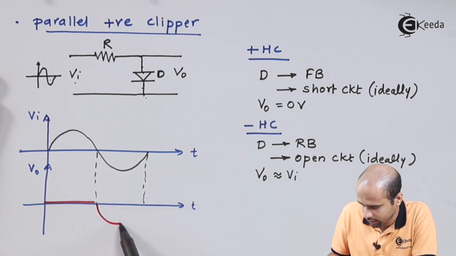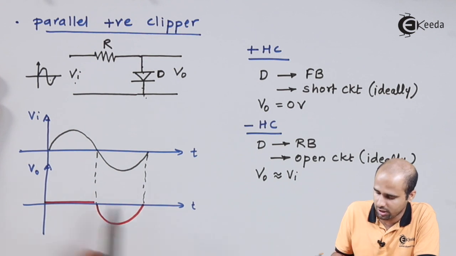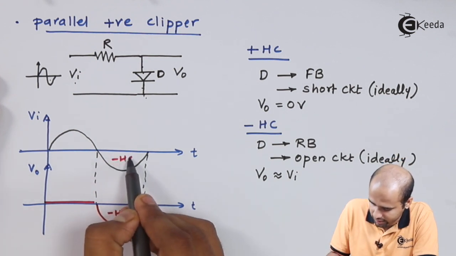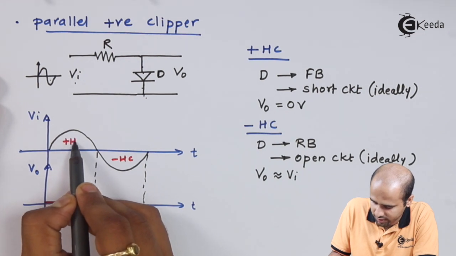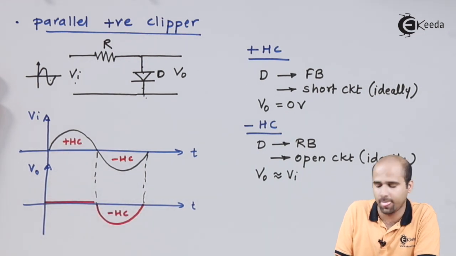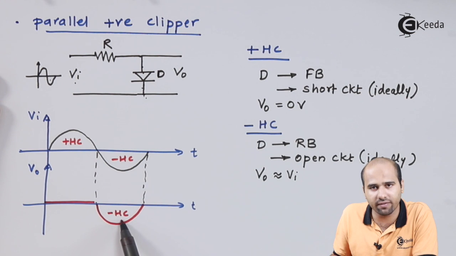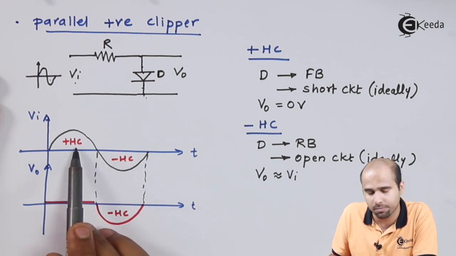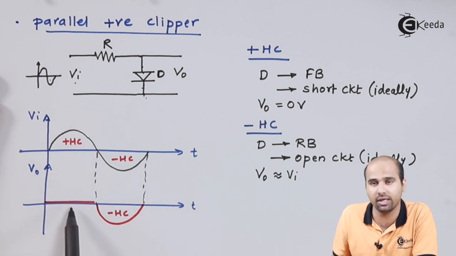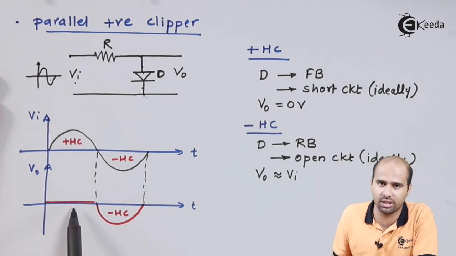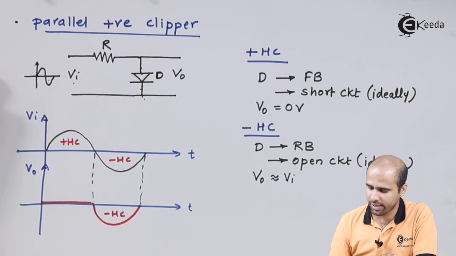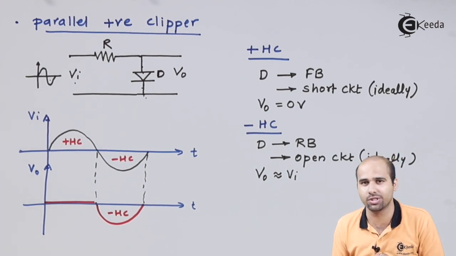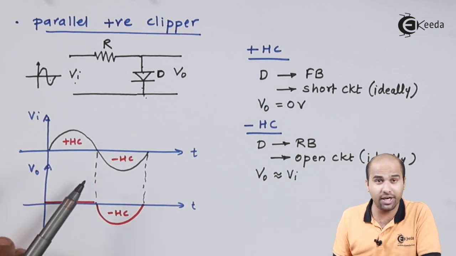This is the negative half cycle, and this is the positive half cycle where I'm getting the clipping of the input signal. So that's why it is called a parallel positive clipper. Again, we'll see some complications with examples, so stay tuned for that.